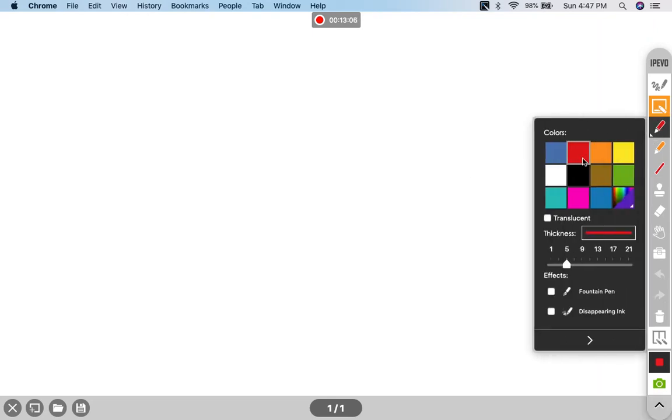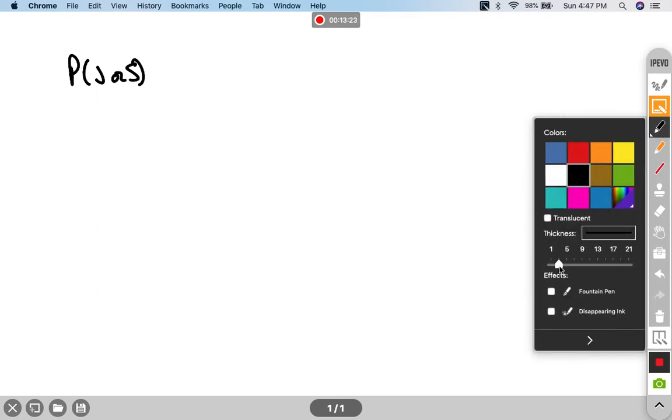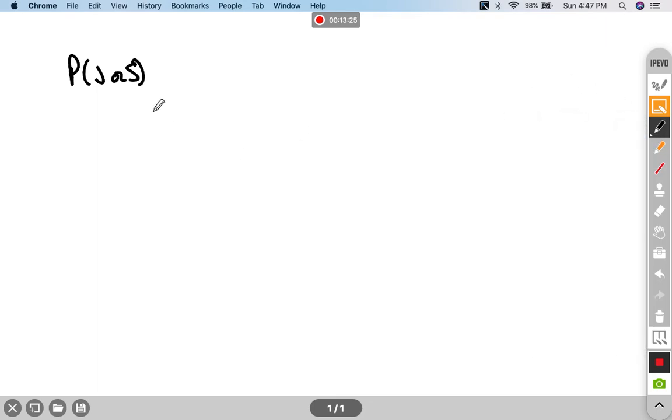Okay, let's do it this way. Probability of Jack or 5. So you can't be both a Jack and a 5 at the same time, so this is going to be one where we're just going to use the special rule.